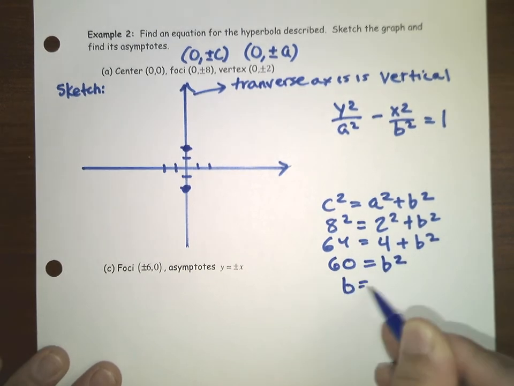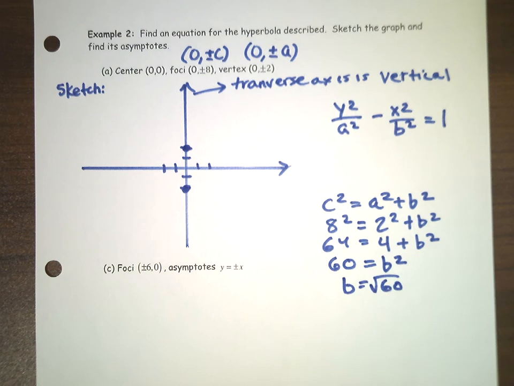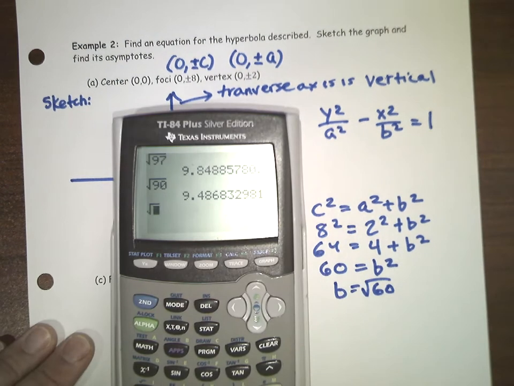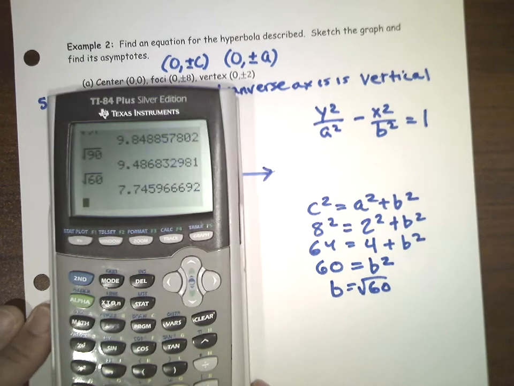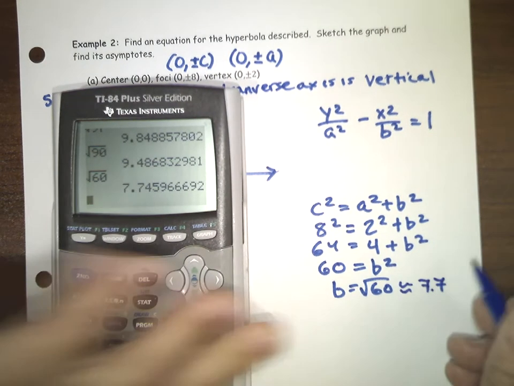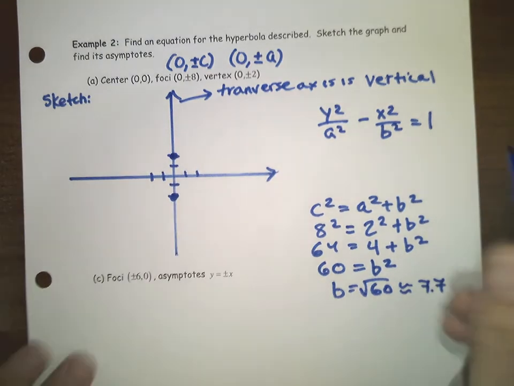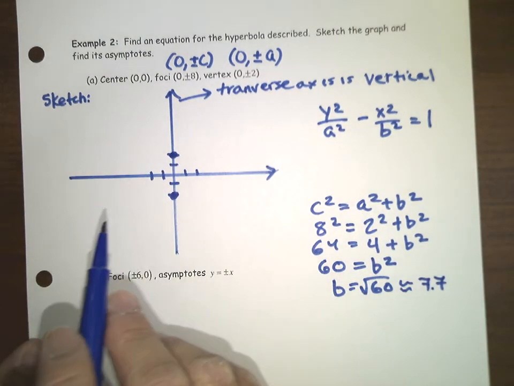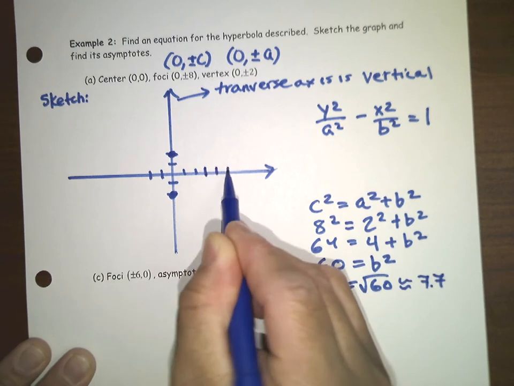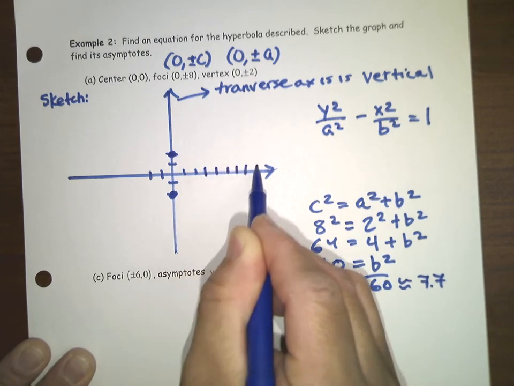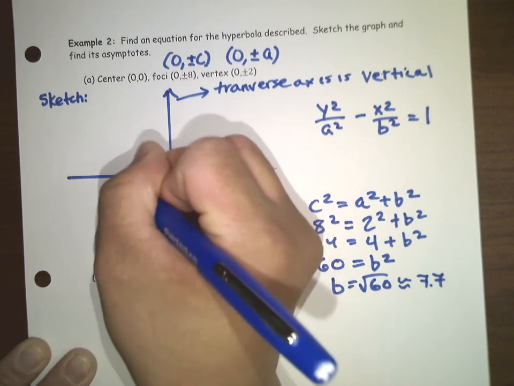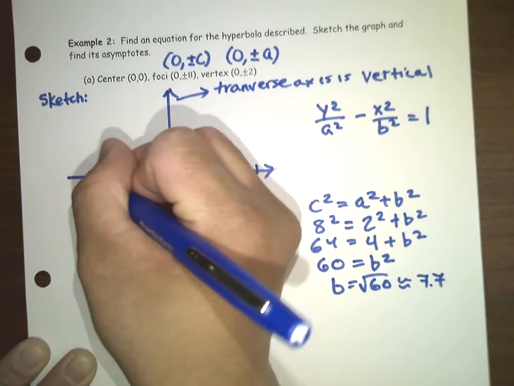Or b is equal to the square root of 60, and the square root of 60 is about 7.7. So if I go 7.7 each direction on the x-axis, 1, 2, 3, 4, 5, 6, 7.7, and 1, 2, 3, 4, 5, 6, 7.7.